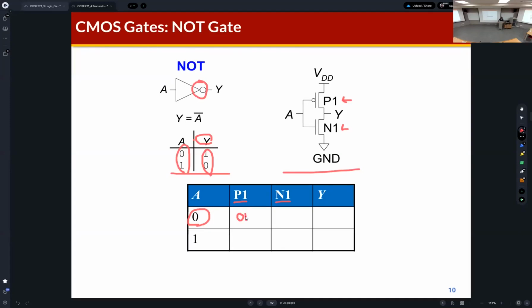The transistor P1 is turned on, right? Because the input is 0, and the bubble means the inverse, P1 is turned on. And if 0 is given to the gate node of the NMOS transistor, it's off.